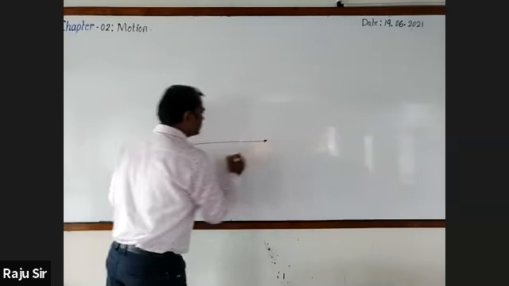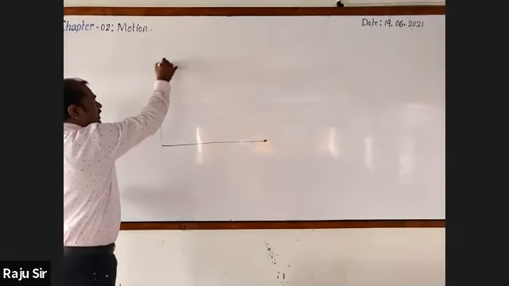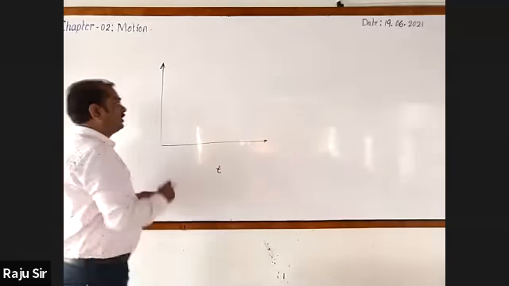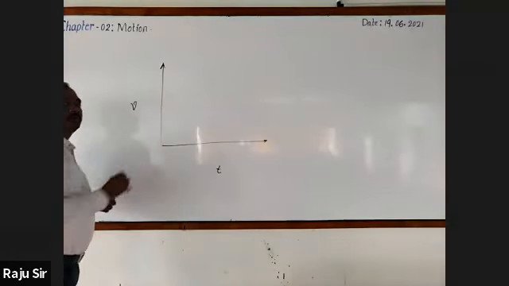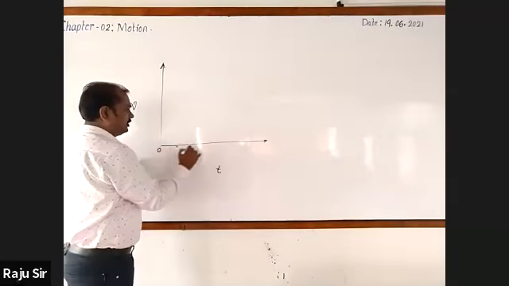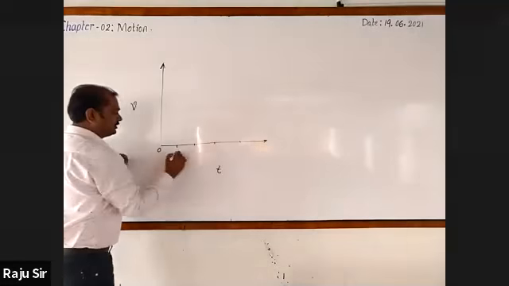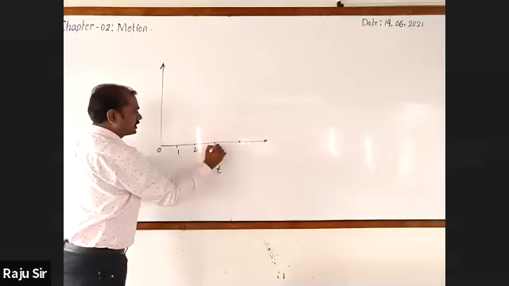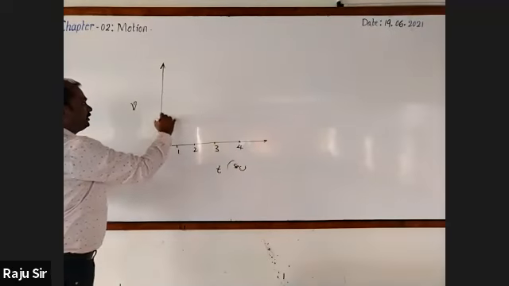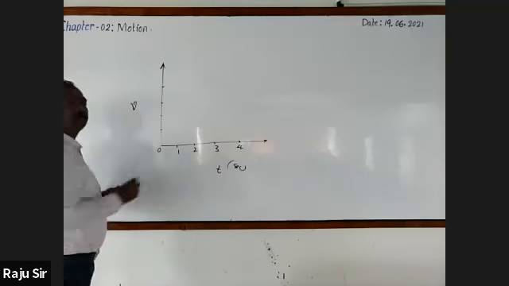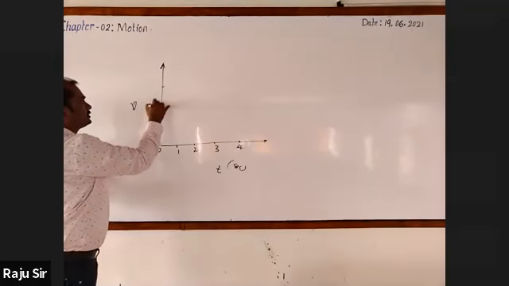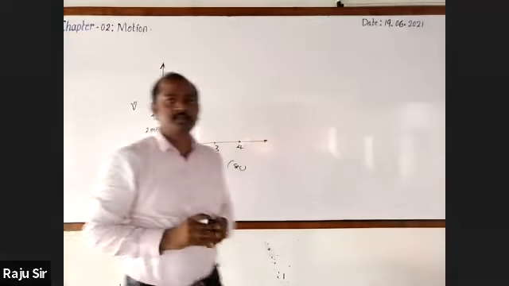Look, this is the x-axis and this is the y-axis. The x-axis is the time axis and the y-axis is the velocity axis. Here I take some time: 1 second, 2 seconds, 3 seconds, 4 seconds. And here I'll take the speed as 2 meters per second, then 4, 6, 8, and so on.